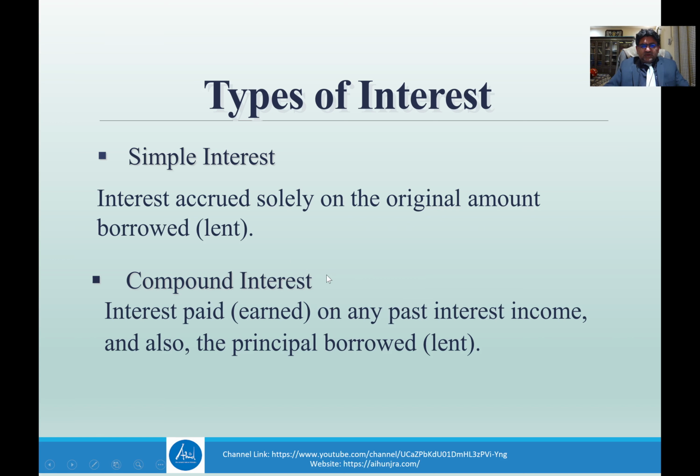So simple interest is only related to the original amount, and compounding is charged on both. What are the both? One is the principal amount, the original amount, plus interest earned in future dates. So compounding is the combination of interest paid or earned on any past interest income plus the principal amount.